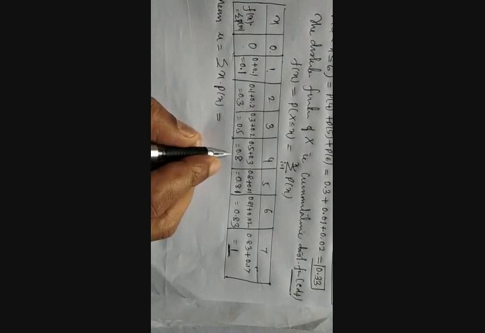In this case, even though it is not given in the example, I'll take an additional one. We can calculate the mean also. What is the mean mu? It is nothing but the summation of x into p of x.